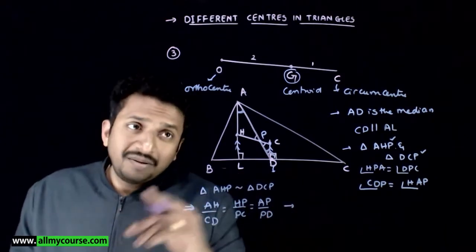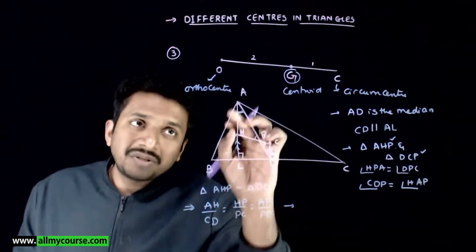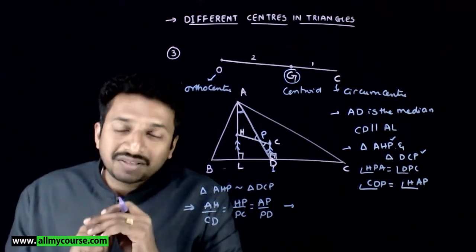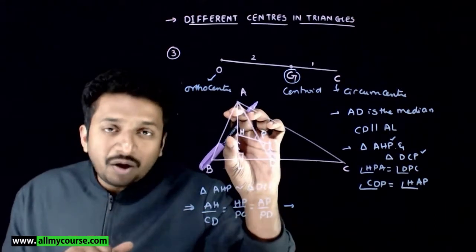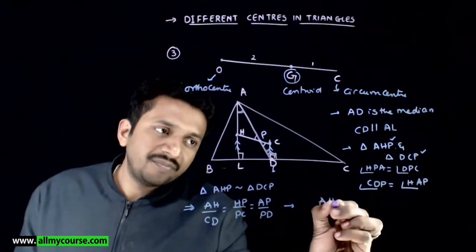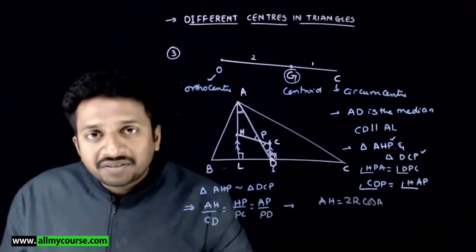We know that AH is the distance between the orthocenter and the vertex A, which is nothing but 2r cos A. We have already derived this.